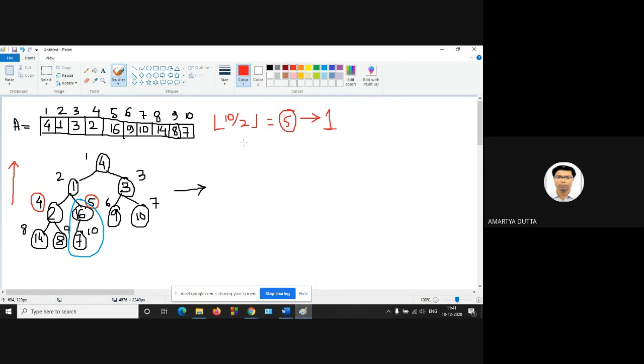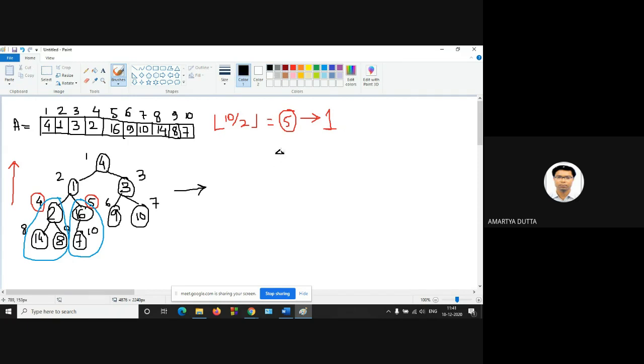Now, here the tree structure is 2, 14 and 8. Is it a heap? No, sir. So it is not a heap. You have to create the heap structure again.